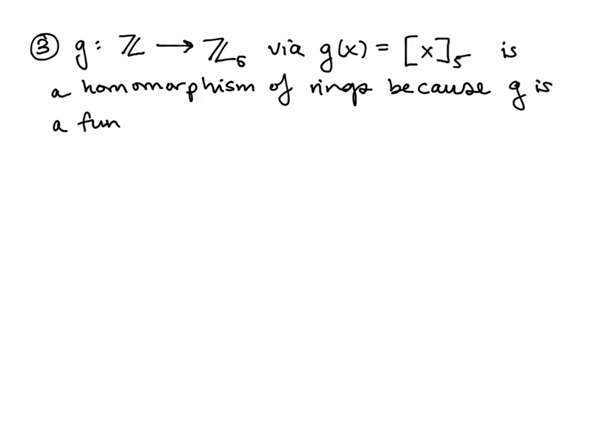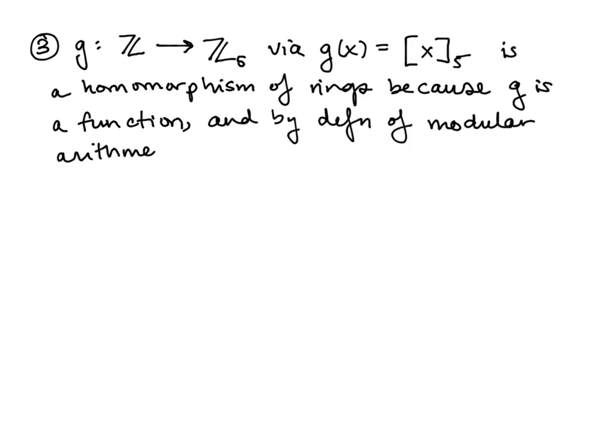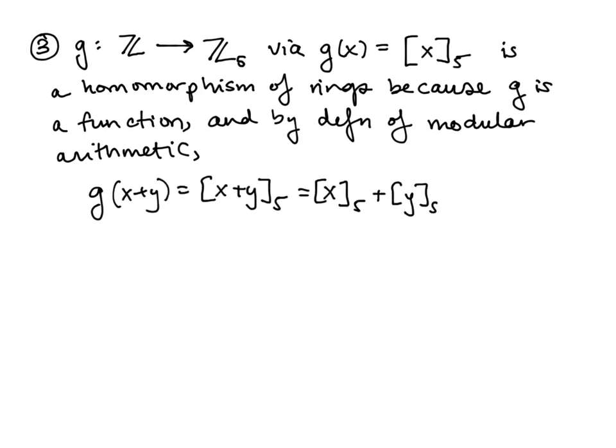If I consider what happens with addition and multiplication, I've got to remember how we define those. When we apply g to x plus y, we get the equivalence class of x plus y. And as it happens, that's the same thing as the equivalence class of x plus the equivalence class of y, which is g of x plus g of y.